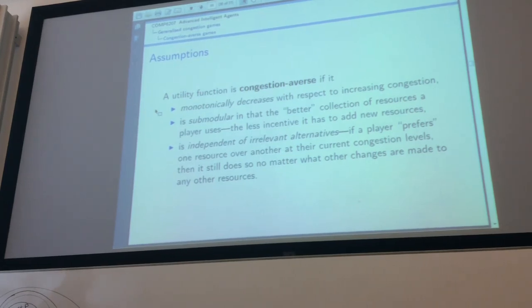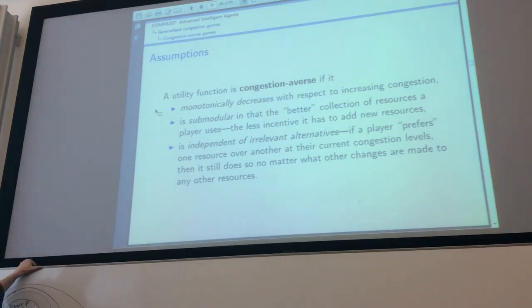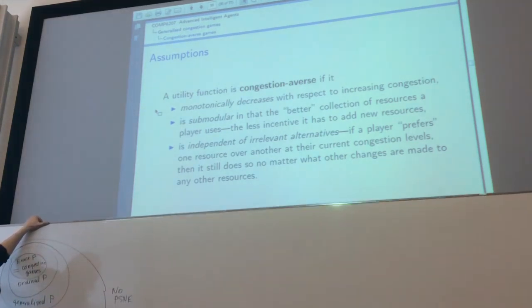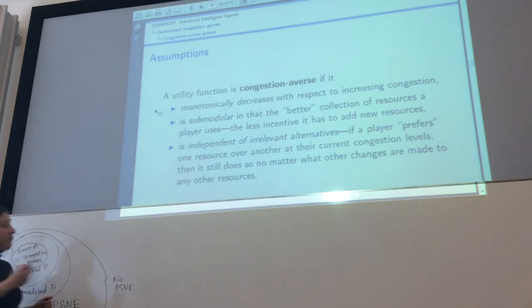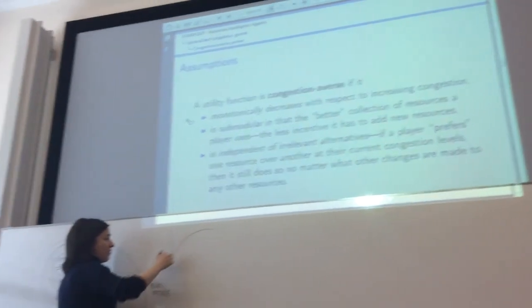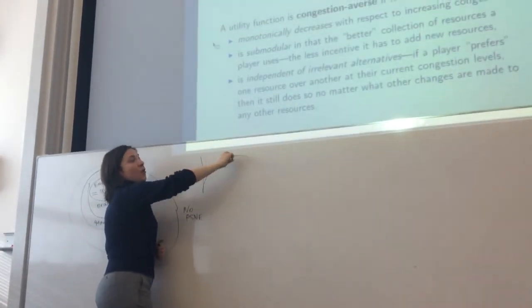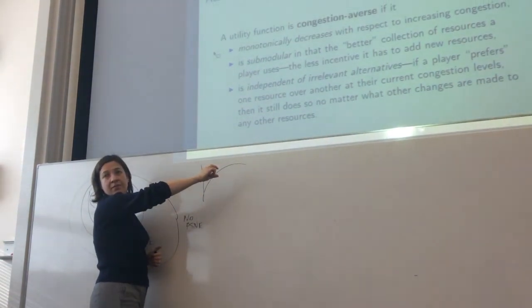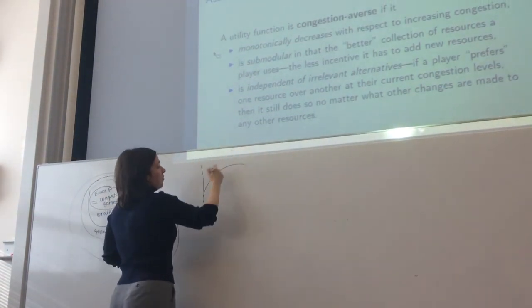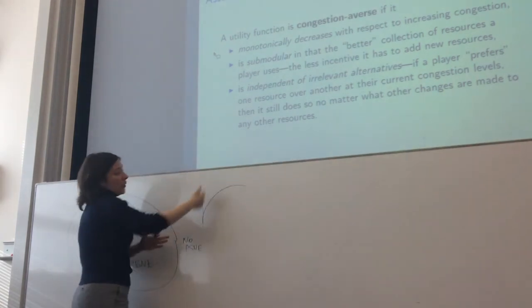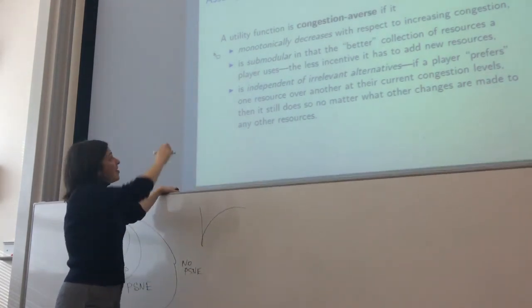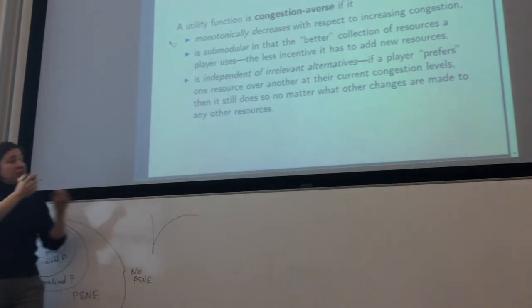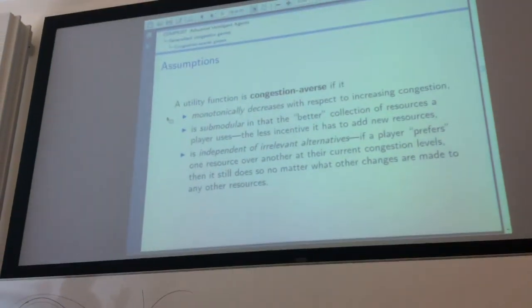The second condition is submodularity. Do we know what submodular functions are? The simple special case is concave functions. The higher the function is, the slower the growth. So that's concavity when we have a real valued function. Here, the condition of submodularity is not precisely as in functions.